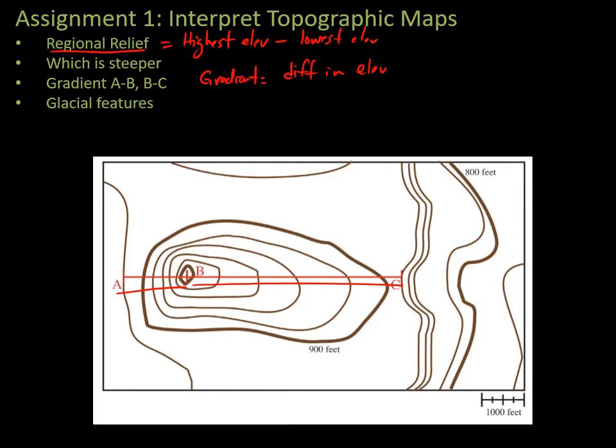So you need to figure out the elevation of the 2 points and then subtract them to find the difference. And you divide by the distance between those 2 points. And you can figure out the distance using the scale in the lower right-hand corner. And lastly, you're asked to think about this map in terms of some real landscape features that glaciers produce. Based on the shape of the main feature in this map, if it was produced by a glacier, you can figure out which way the glacier was flowing at the time when it made it.